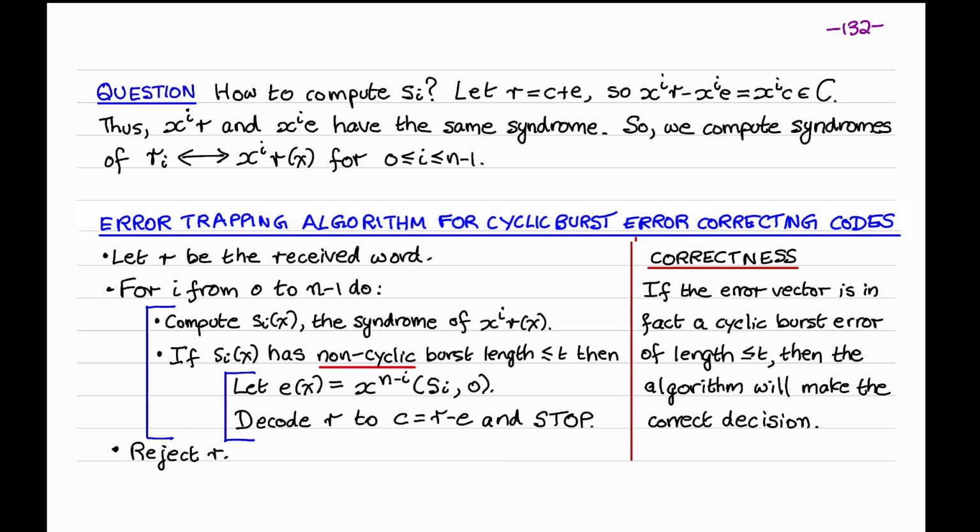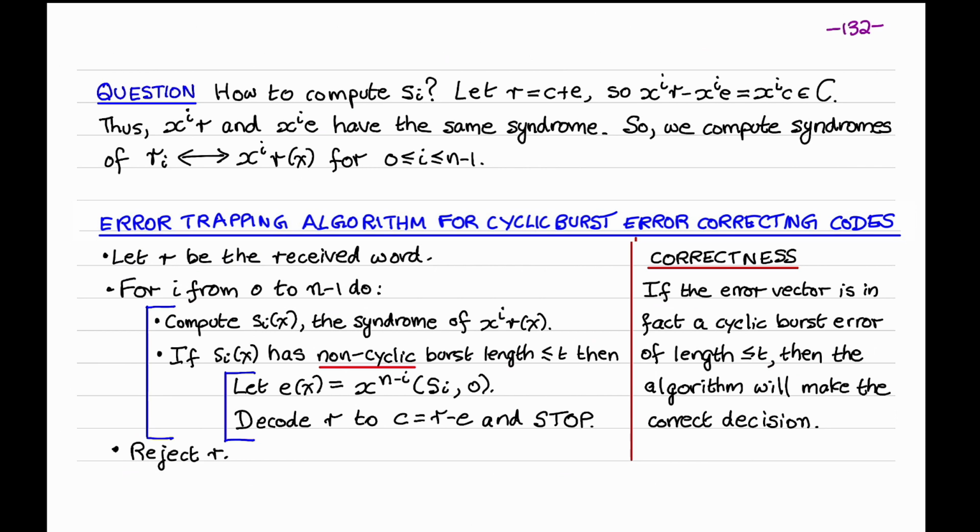This decoding algorithm is called error trapping because in the algorithm, we repeatedly cyclically shift the unknown error vector until all its non-zero entries are trapped in the first n minus k coordinate positions. Lastly, let me note that the algorithm is especially well suited for hardware implementation.